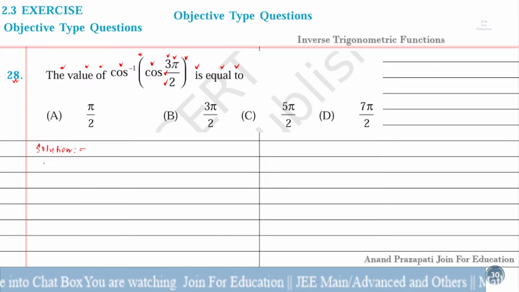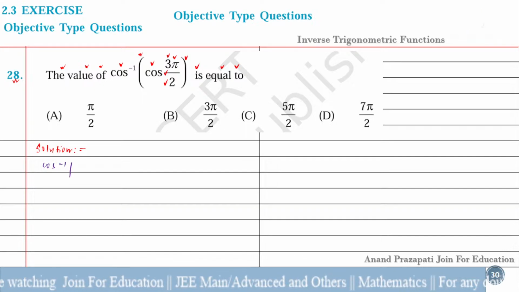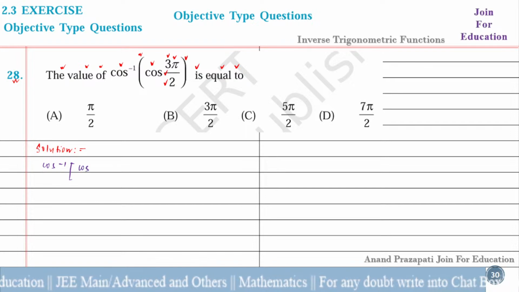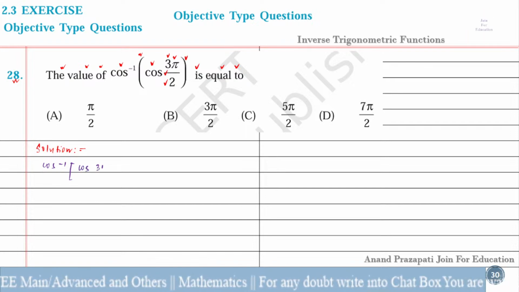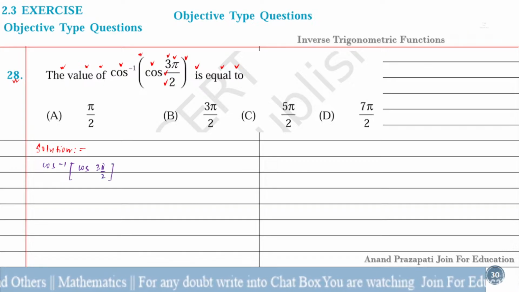So we write down here cos inverse whole start cos 3 pi by 2.